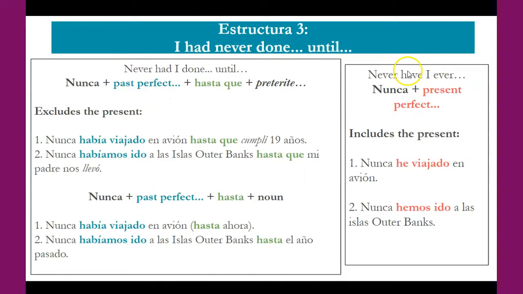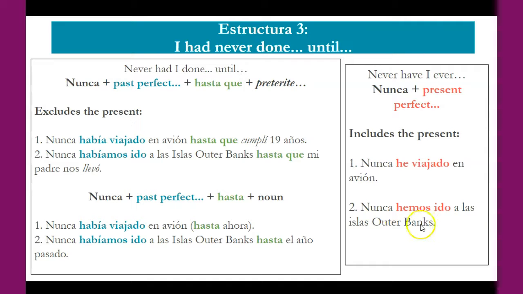So we saw yesterday that with the present perfect you can express something that you have never done, including the present. Nunca he viajado en avión. I have never traveled by airplane. That means that you have never done it in the past, nor are you doing it in the present.